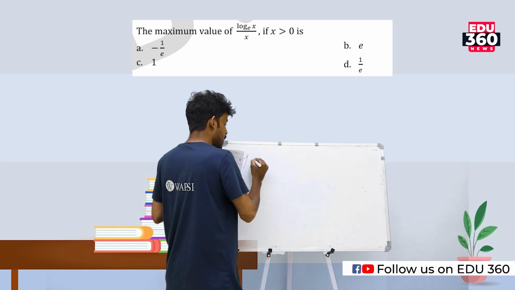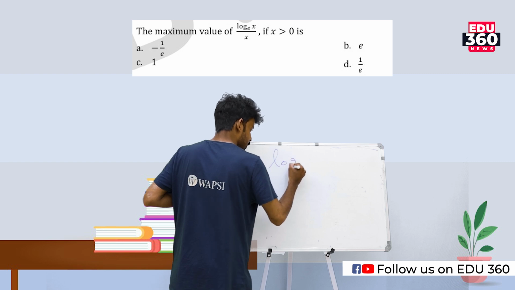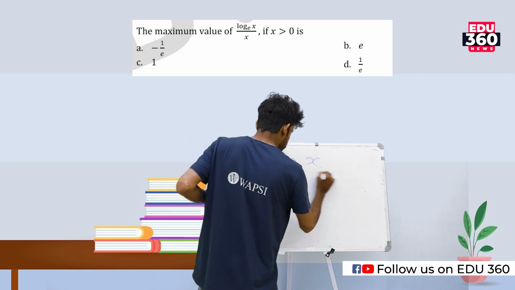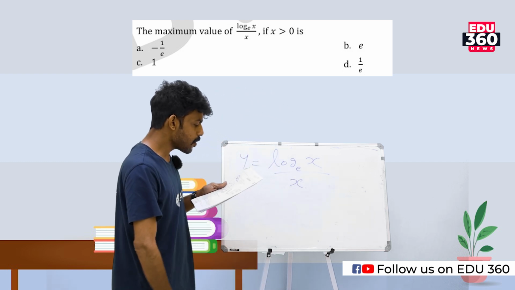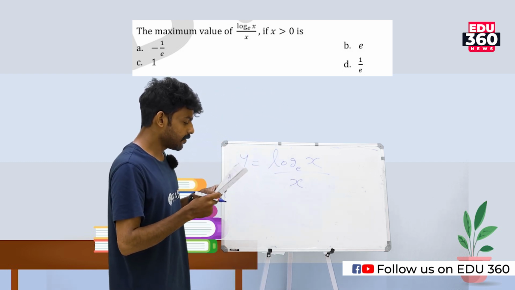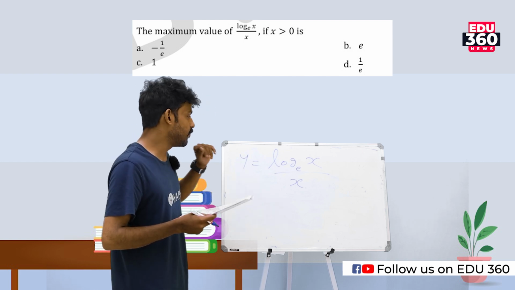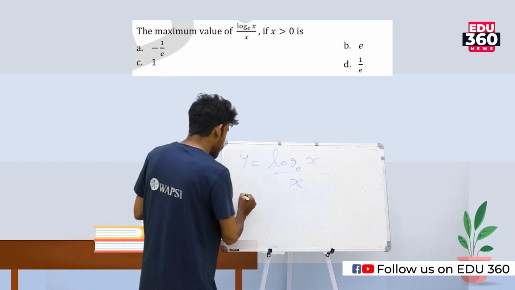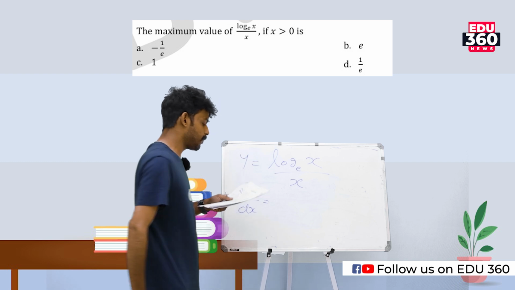So we can write y is equal to log e x divided by x. Now look at here, we are going to find the first derivative. We are going to differentiate y with respect to x, dy by dx. For this one, we are going to apply the quotient rule.